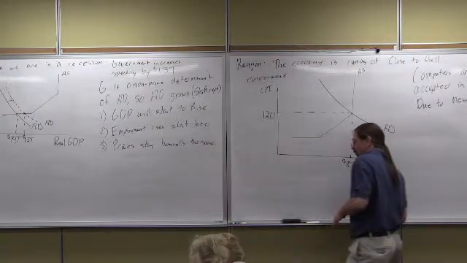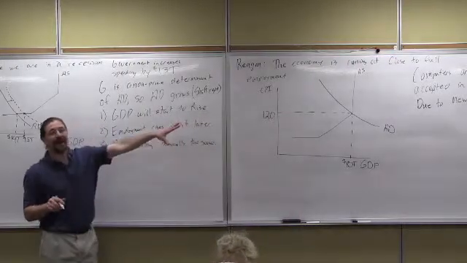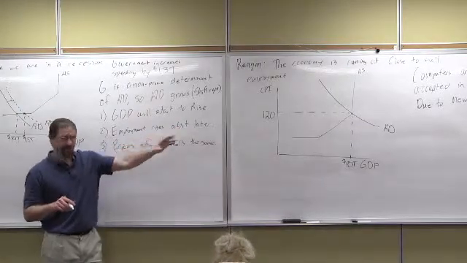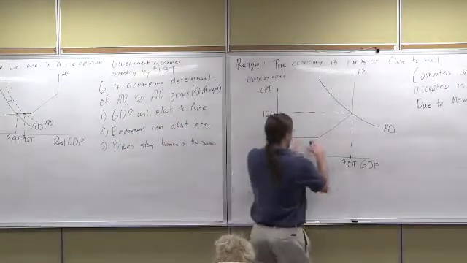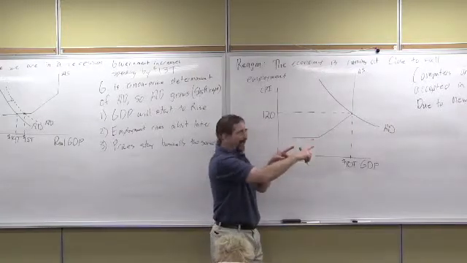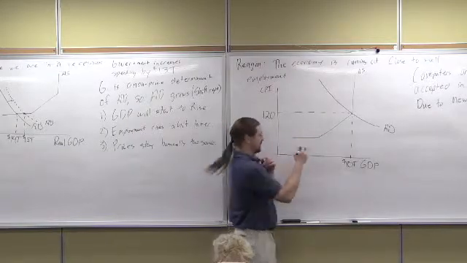Now, this is going to look a little weird, so bear with me. We have to move the entire aggregate supply curve to the right. What happens to this line? It's going to move to the right. Does it really change the line at all? Not really, but it does.